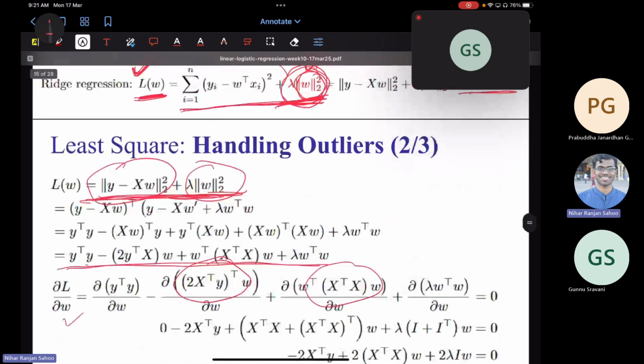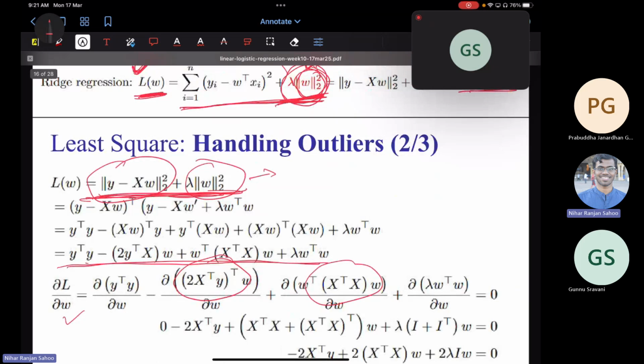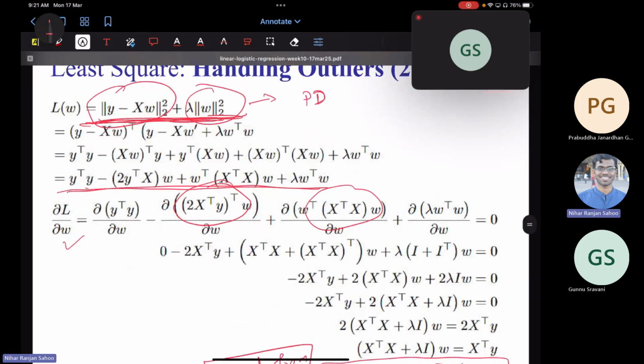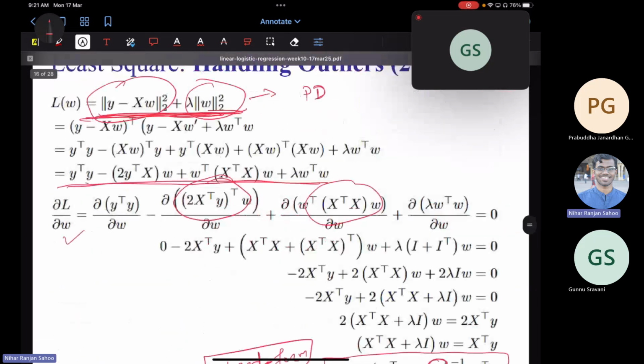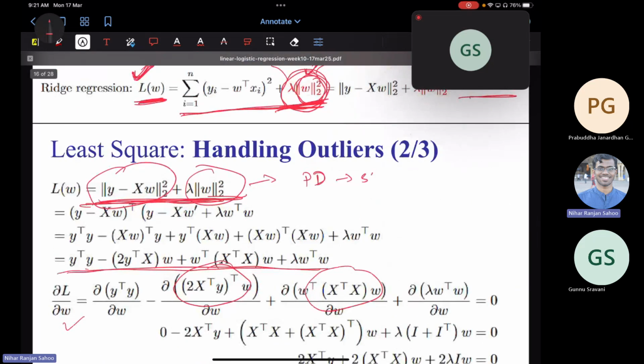Earlier we got positive semi-definite; this is positive definite, which is called strictly convex.